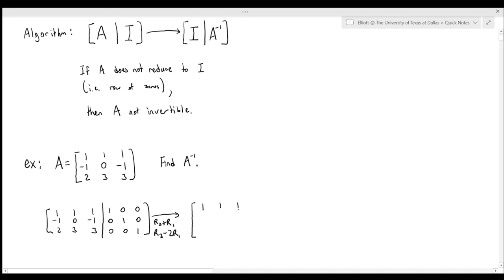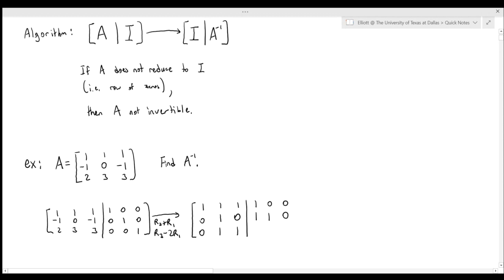So that should leave us with the first row unchanged. We should get zeros here. Row 2 plus row 1 is going to give me 1, 0, 1, 1, 0. And then when we do row 3 minus 2 of row 1, here 3 minus 2 is 1, 3 minus 2 again.